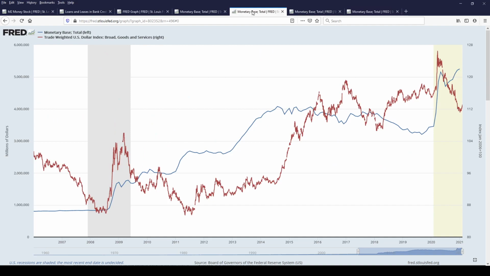Well, we can look at the dollar against the monetary base and we come to the same conclusion. Now, while the trade-weighted dollar is affected largely by the euro and other foreign currencies, so it doesn't move exactly in lockstep with the monetary base, we should see a trend that if the monetary base is heading higher, then over time the dollar is headed higher, because again, given enough time, the Fed will trap those dollars in the system, as we've seen from the process.